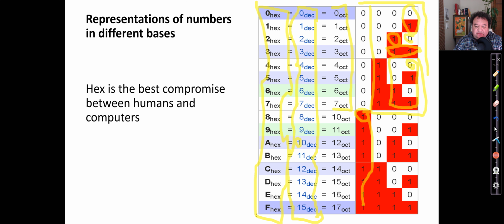So traditionally the 16 symbols are from 0 to 9 and then A, B, C, D, E, F. And so if we were to write the number 16 in hexadecimal, there would be 1 and then 0, which would correspond to 16, which in binary would be 1, 0, 0, 0, 0.